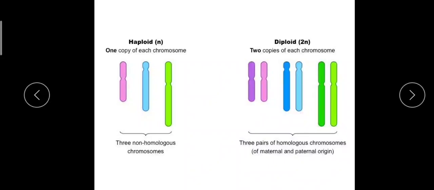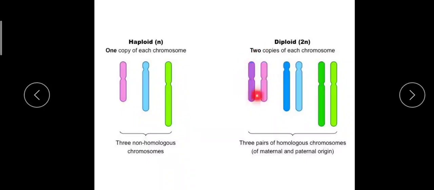The chromosome number present in the somatic and zygotic cells of an organism is diploid, and we represent it as the 2n condition. Here 2 copies of each chromosome will be present, and these two are a homologous pair, and these are another homologous pair. So in this figure you can see 3 pairs of homologous chromosomes.